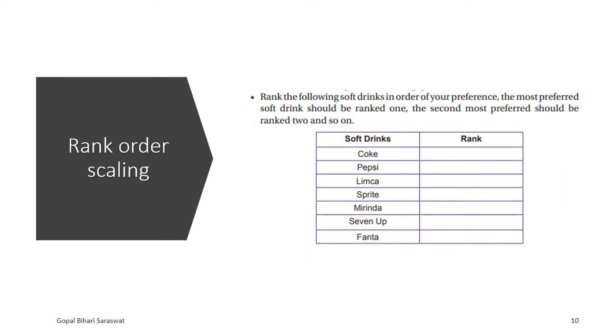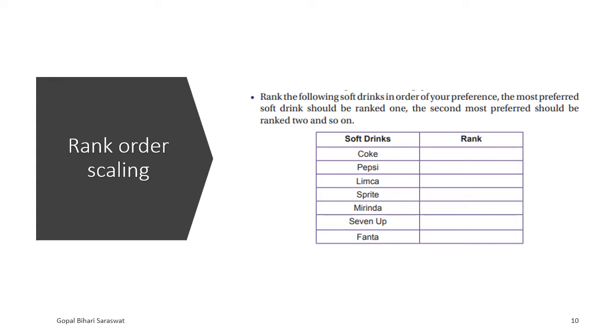Second is rank order scaling. In rank order scaling, we ask the respondent to rank soft drinks according to their preferences. The most preferred soft drink should be ranked 1, the second most preferred should be ranked 2, and so on.